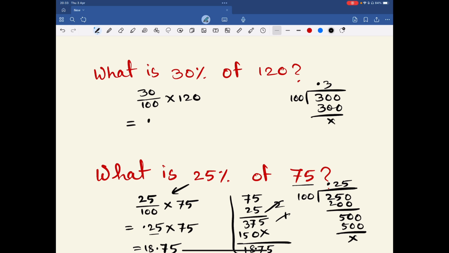So decimal 3 times 120. So work out again, times with 3, 3 times 0, 0, 3 times 2, 6, and 3 times 1, 3, 360. How many place values are there? 1, so put the place value there. There is no point writing 0 after the decimal, so it will be 36.